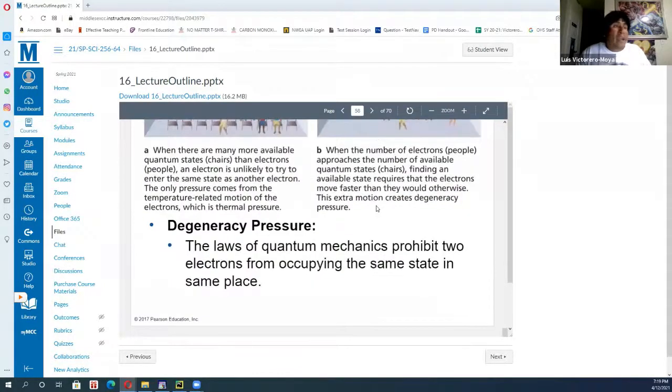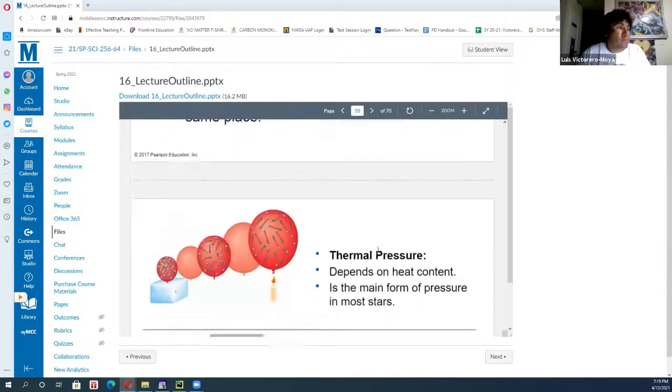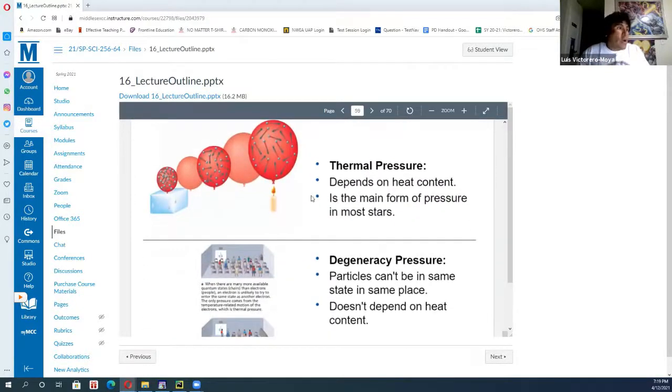That's why white dwarfs are made of electron degenerate matter. There is a huge amount of degeneracy happening in there. So again, there are two types of pressure: thermal pressure that depends on heat, and degeneracy pressure that depends on particles and the Pauli principle, quantum states.